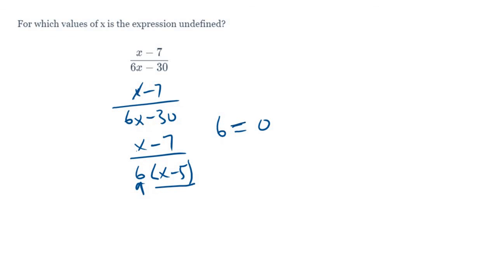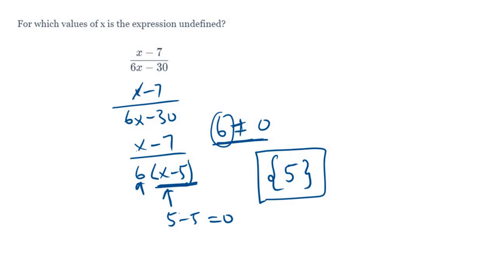Of course, 6 cannot be 0. 6 is just 6, so that's not one of the numbers that will make it undefined. But for the other factor, the binomial here, if I plug in 5, 5 minus 5, I will get 0. So the value that will make this 0 is just 5, only 5, not 6.